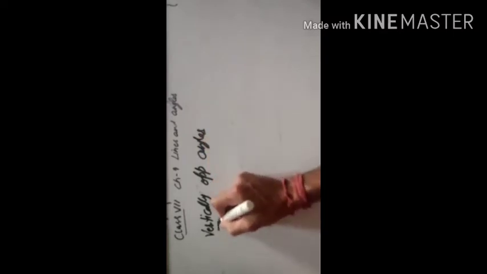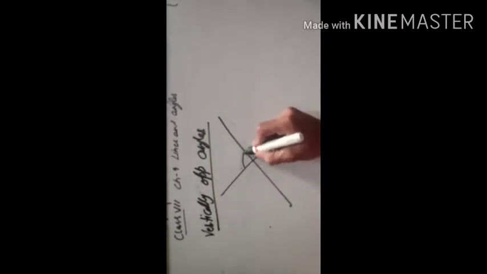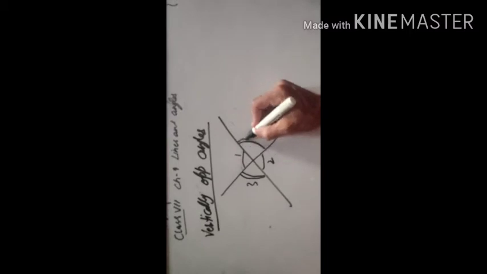Now vertically opposite angles. Two angles are said to be vertically opposite angles. Angle 1 is vertically opposite to angle 2, and angle 3 is equal to angle 4.